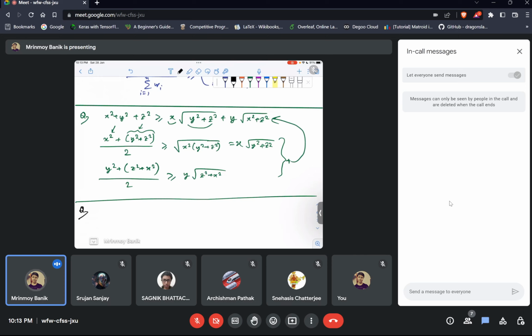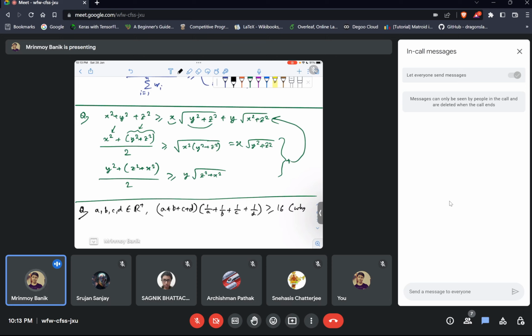This is the last type of problem. Suppose A, B, C, D are positive reals. What's the minimum possible value of the product of the sum of the four numbers and the sum of their reciprocals? This would be 16.